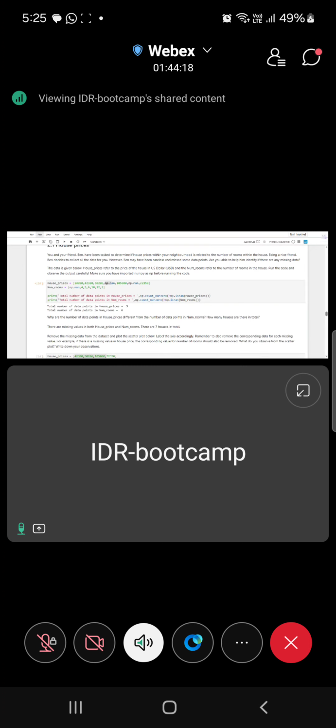So 6 rooms will be equal to how much? I think it will be 60,000 over here. Then you have this 10 room value given over here, 12 rooms will be how much? It will be into 10, so 120,000 something.